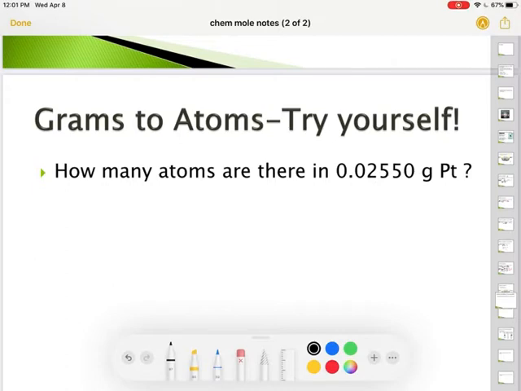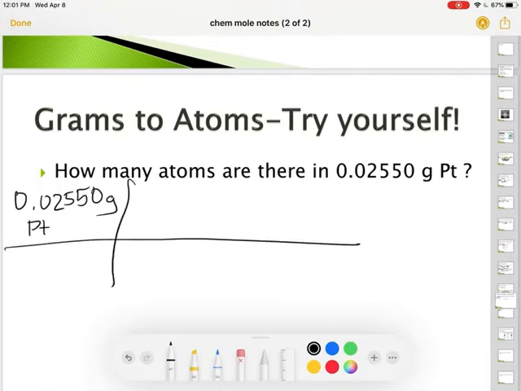How many atoms are there in 0.02550 grams of platinum? Okay, so we have 0.02550 grams of platinum. To get rid of grams and get moles, grams is going to go down here since it was in the numerator there. Grams of platinum, moles of platinum.